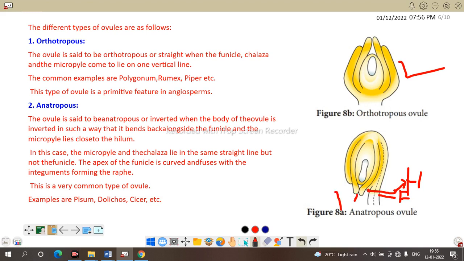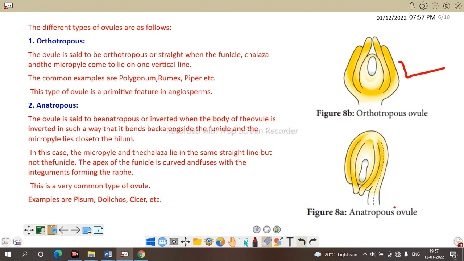The micropyle is closely associated with the hilum tissue. So it is the inverted ovule. In this case, micropyle and chalaza lie in the same straight line, but not the funicle.